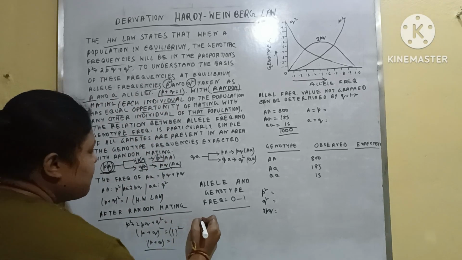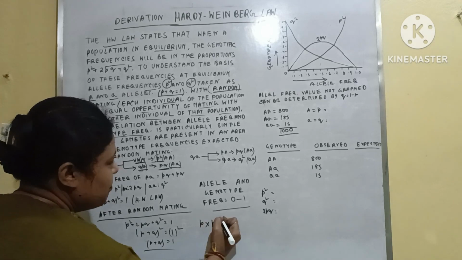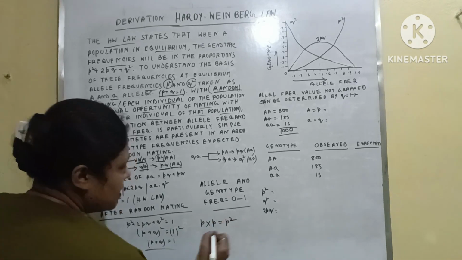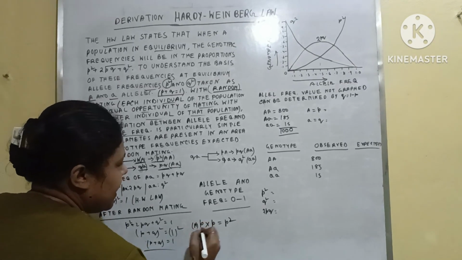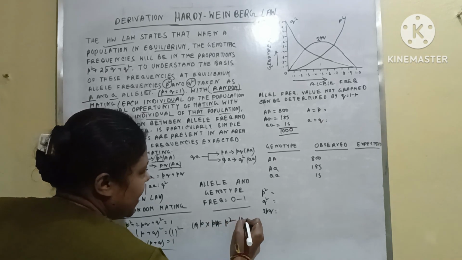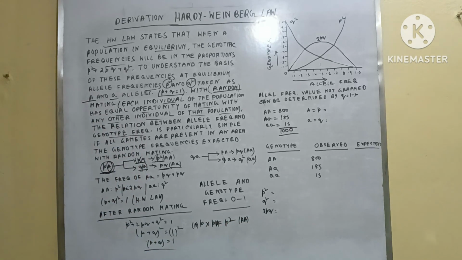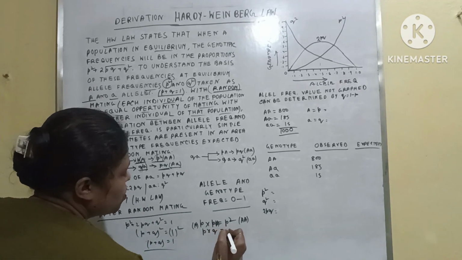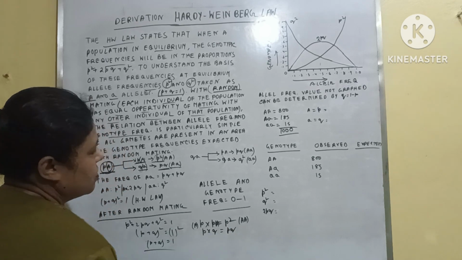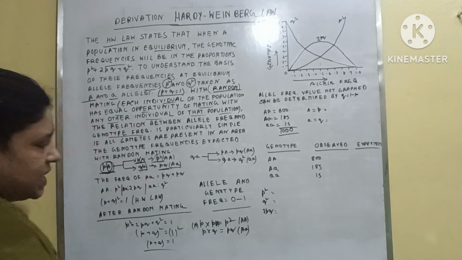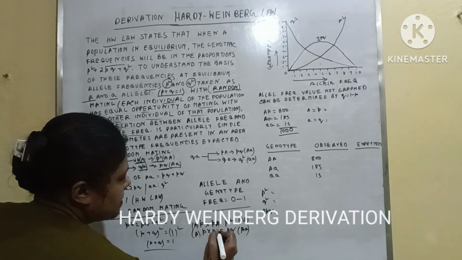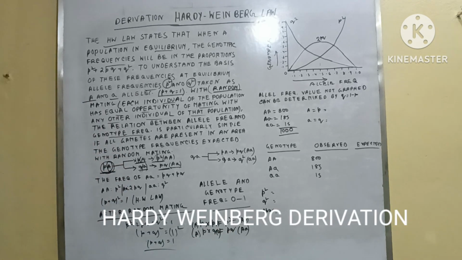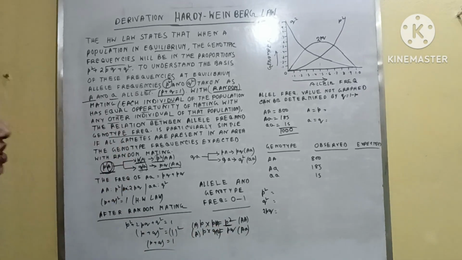Clear? So here if p is multiplied by p, that means p square. Again small p and small q, so here it's pq. Clear? So this is the genotype frequency and this is the allelic frequency.